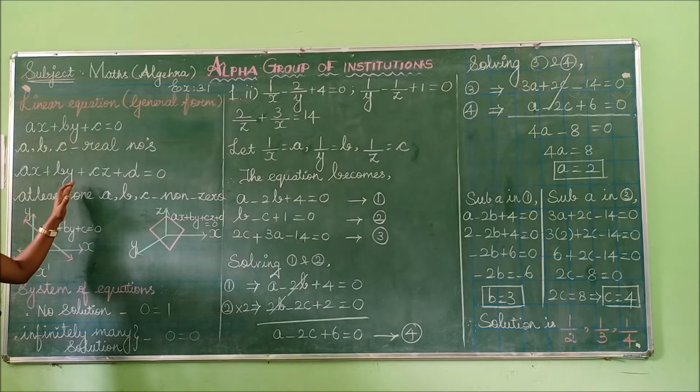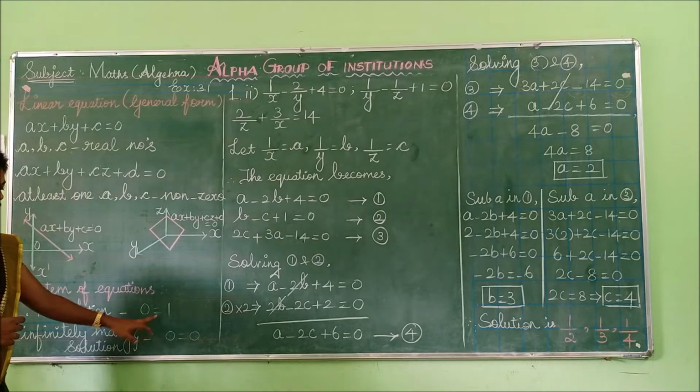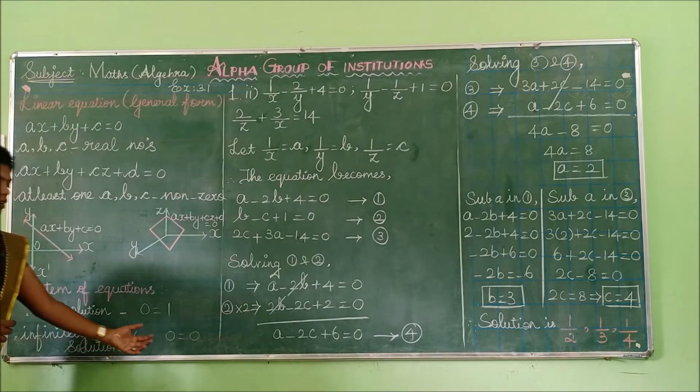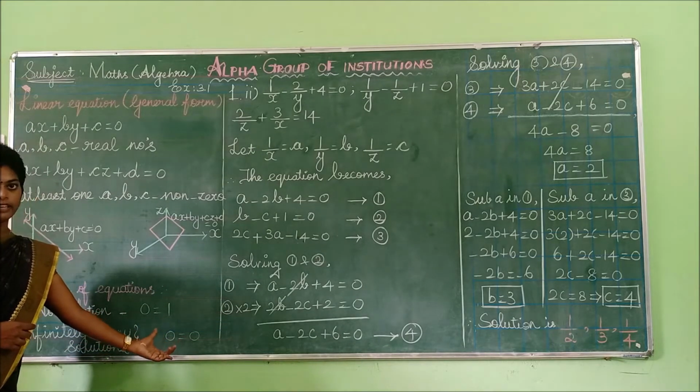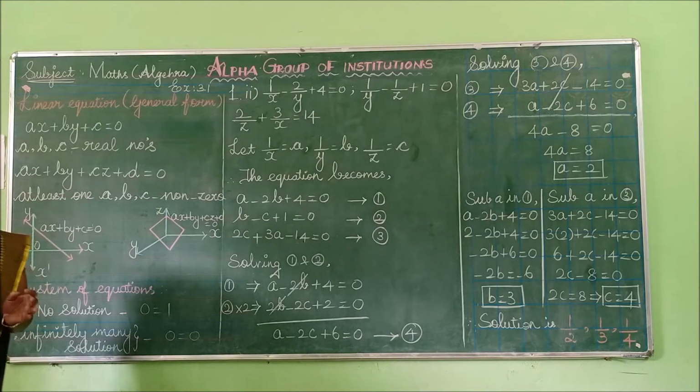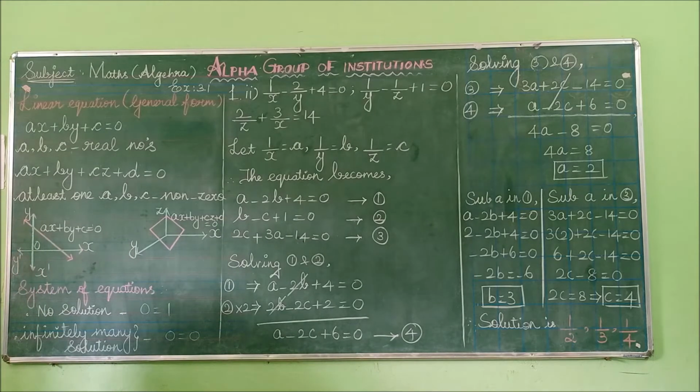If you solve some equation and you get 0 equal to 1, it is called no solution. If you solve any of the equations and the value is 0 equal to 0, it has infinitely many solutions. The system of equations has three types: first is unique, second is no solution, and the third is infinitely many solutions.